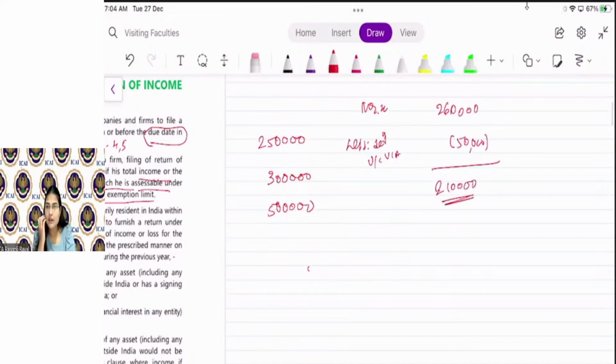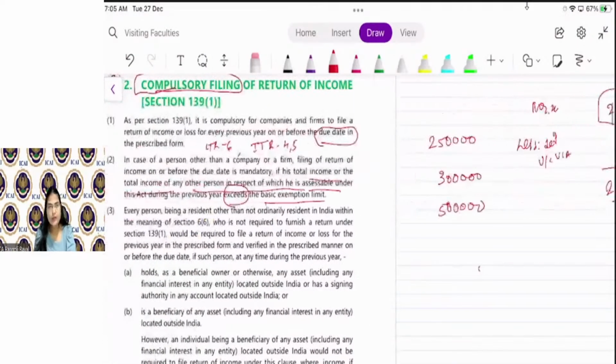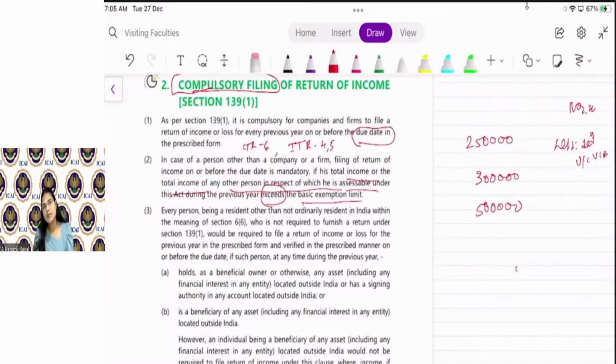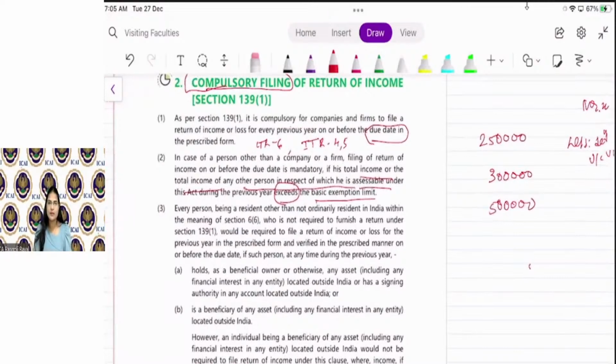Is he required to file return of income compulsorily? Yes. Why? Because his total income before deduction is more than 2,50,000. So Mr. X is required to file his return of income compulsorily under section 139 subsection 1.